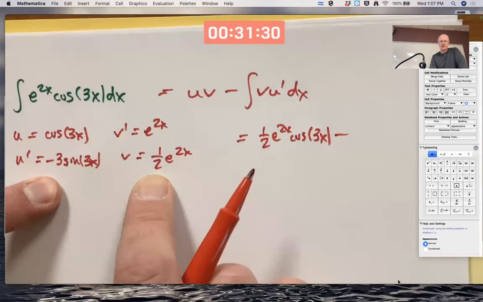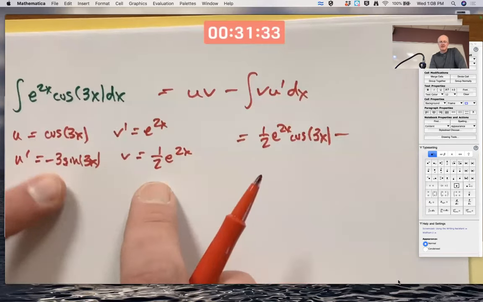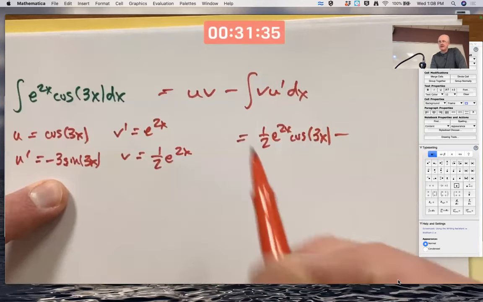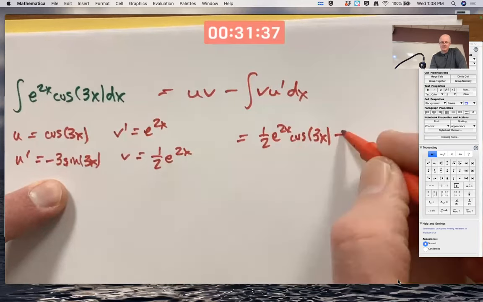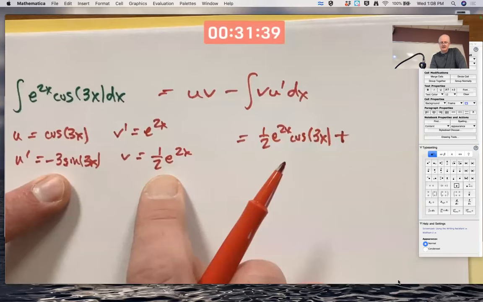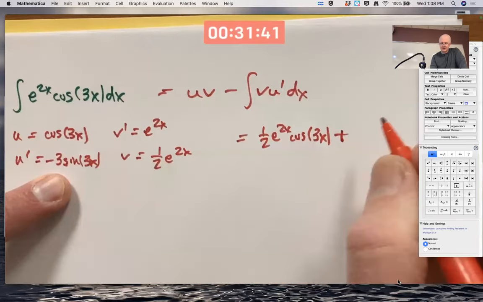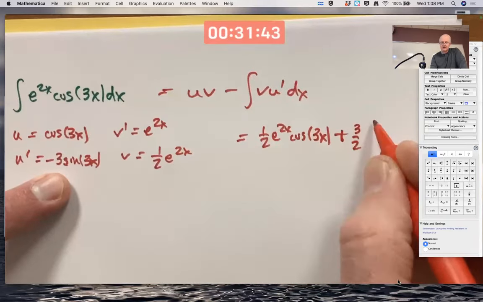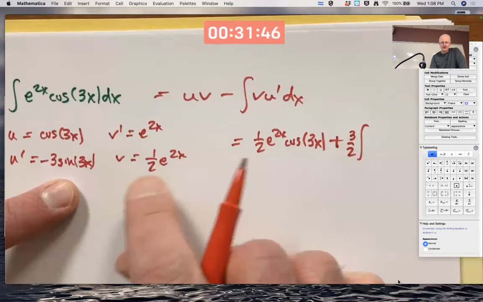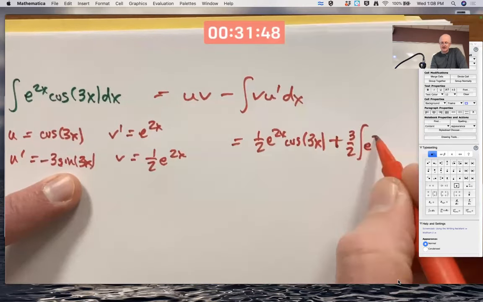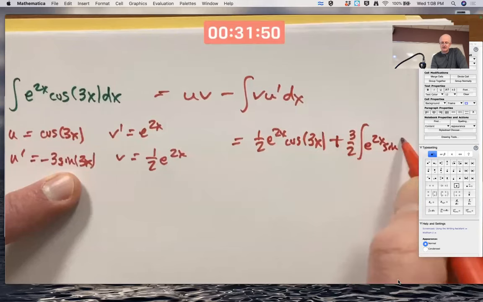I'm going to go a little faster here. The negative sign will cancel with this negative sign to give me a plus sign. And 3 times 1/2 is 3/2. I'm going to factor the 3/2 out. And I'm left with the product of e to the 2x and sine 3x inside the integral.